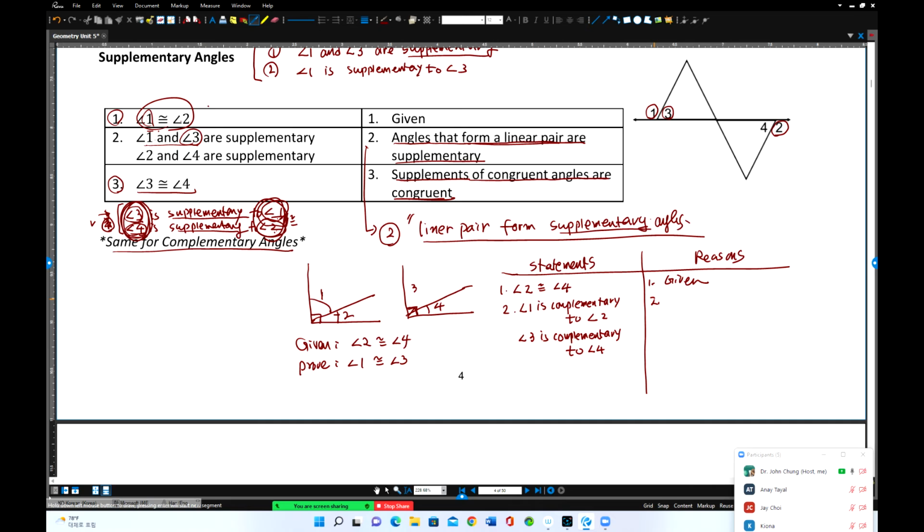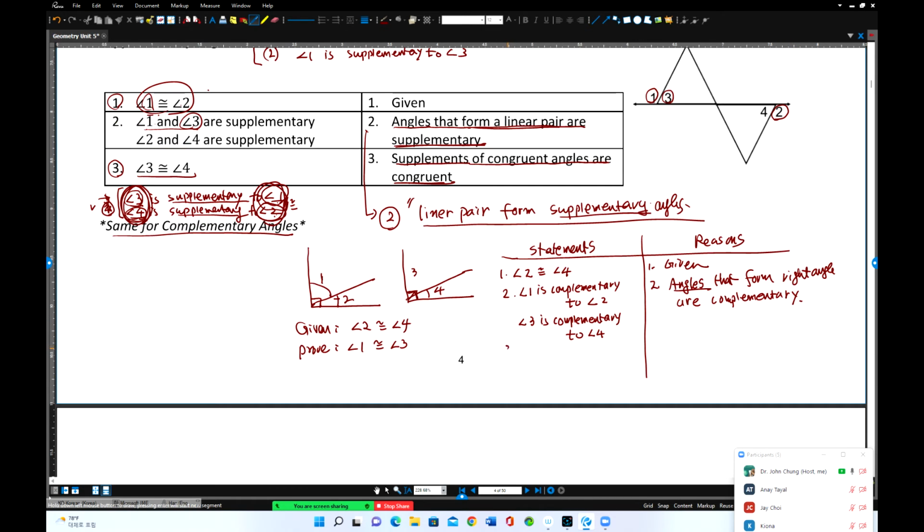What's the reason? Over here, angles that form a linear pair are supplementary. Instead of a linear pair, angles that form 90 degree. No, you cannot say the measure. Angles form what? Right angles. Okay? Angles that form right angles, these angles are complementary, okay? Not supplementary. C-O-M-P-L-E-M-E-N-T-A-R-Y, complementary.